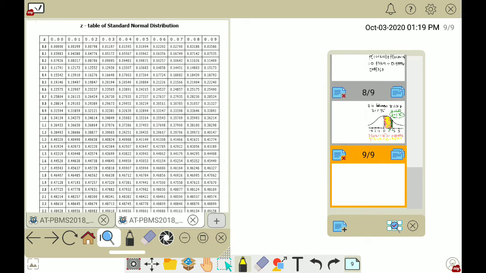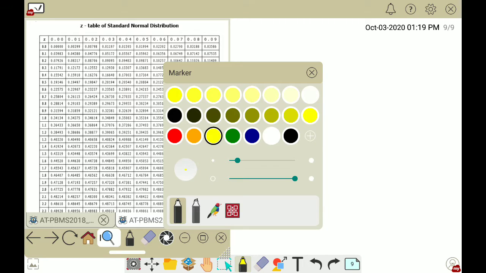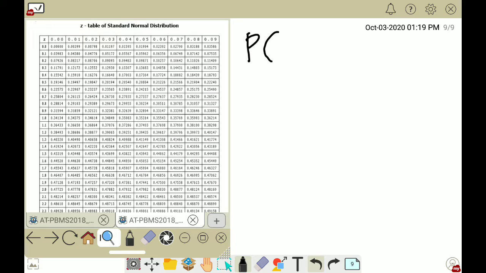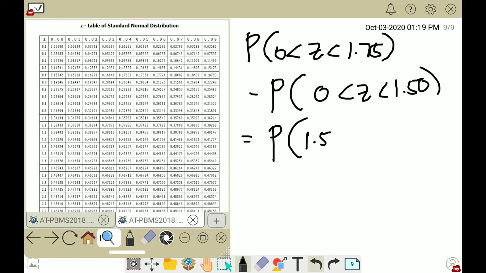So we have P of Z between 0 and 1.75 minus P of Z between 0 and 1.5 to get the area between, which is Z between 1.5 and 1.75.